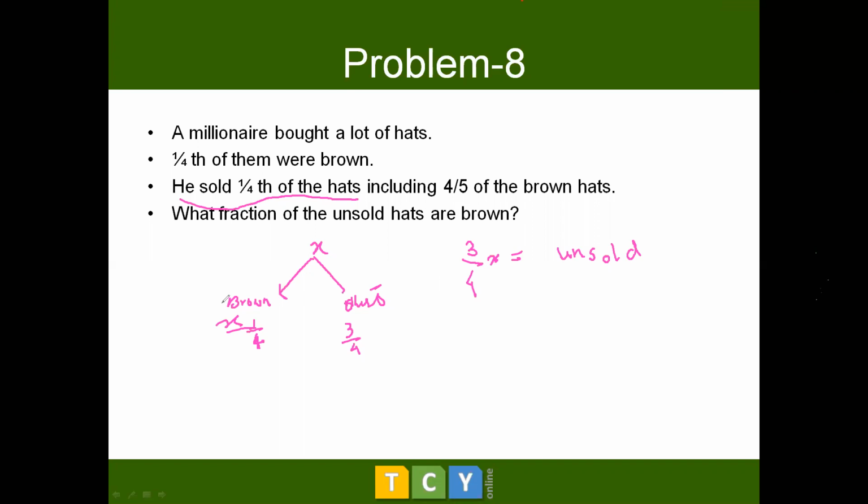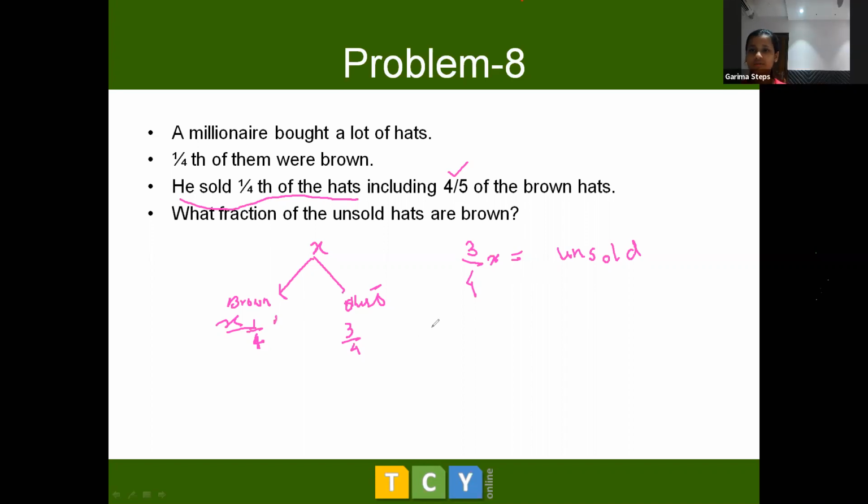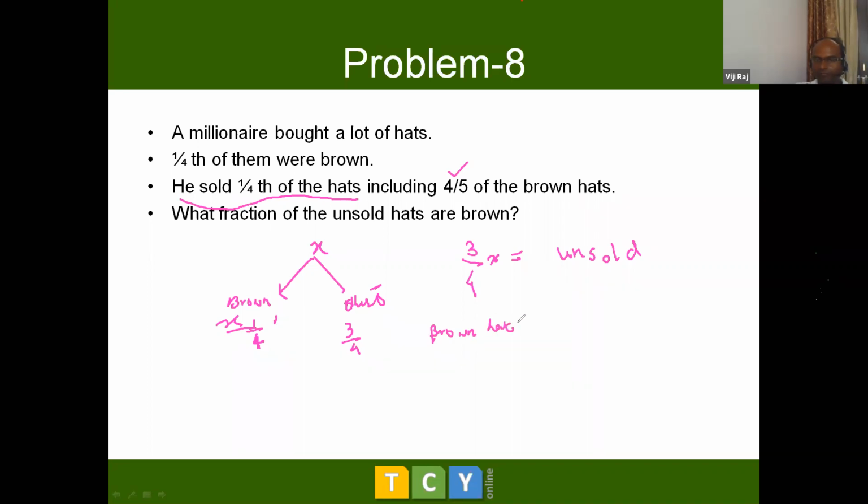Yes, sir. So out of this x by 4, what portion of the hats were sold? So 4/5 was sold. So brown hats sold, brown hats total were x by 4.